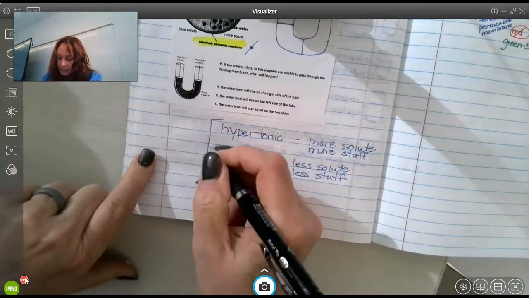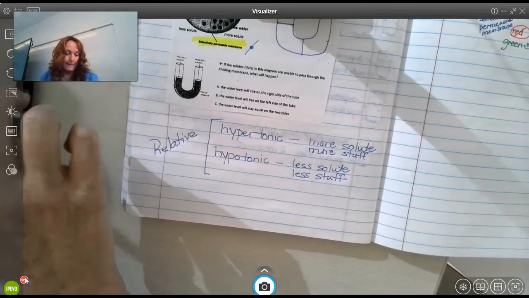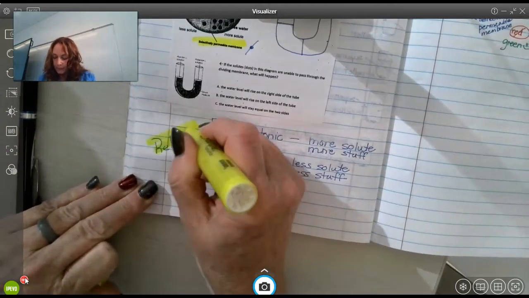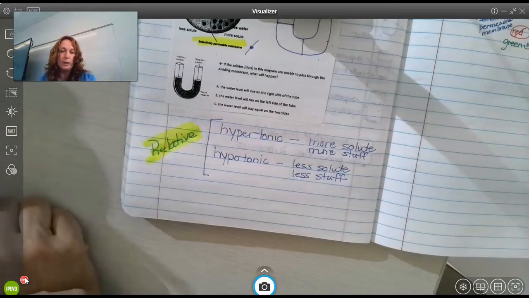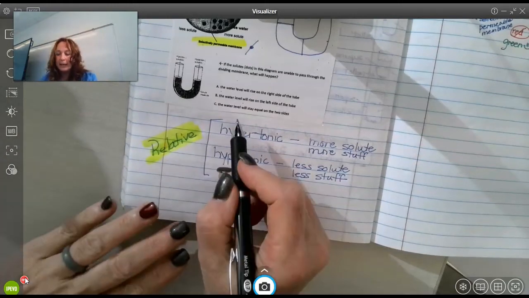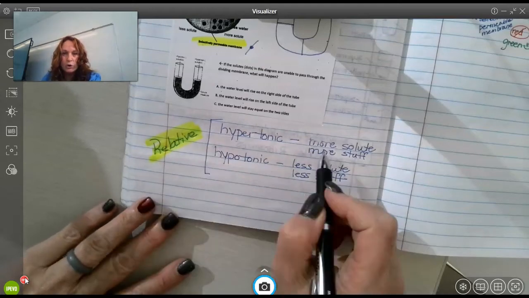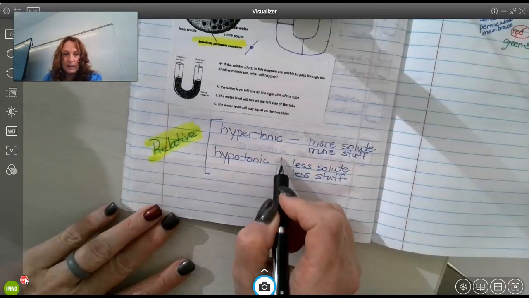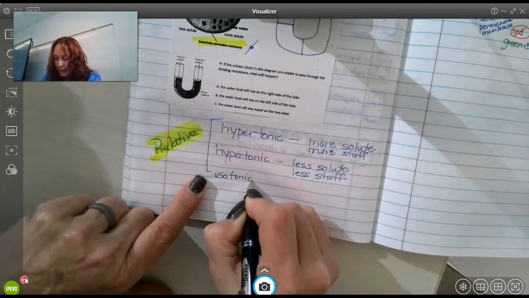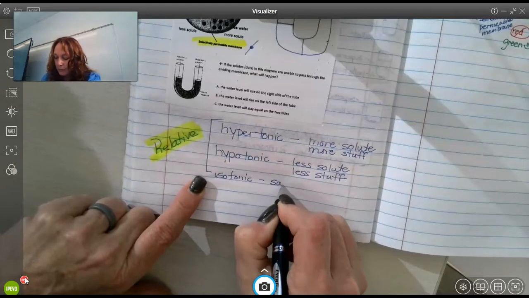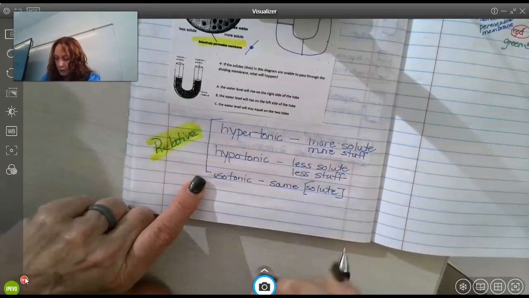Both of these are relative. That's a huge word. You can never say something is hypotonic. It has to be hypotonic compared to something else, which means it has more stuff than something else. There's another word that's called iso, which means same tonic, and that would mean the same solute. And they're talking naturally about concentration.